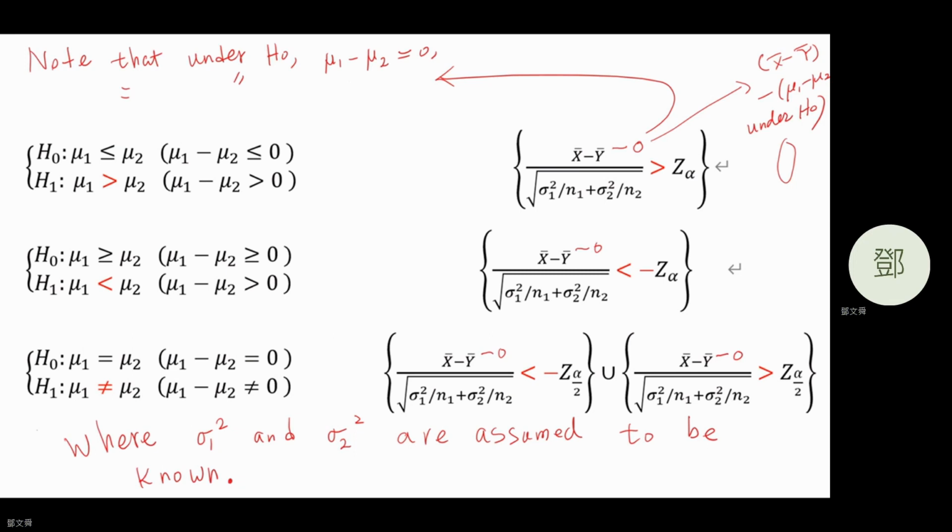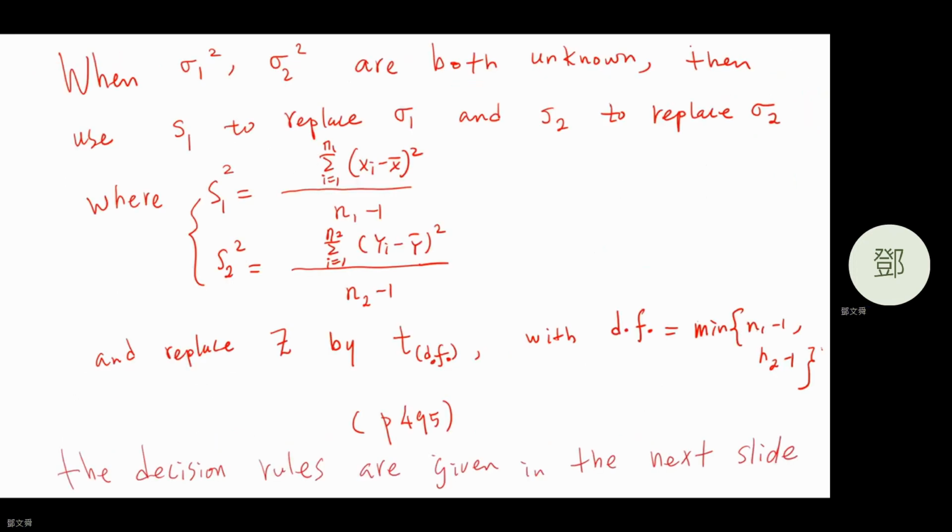Unknown. This and this are both unknown. So the decision rule is unrealistic in the real world. Okay. So what can we do when they are not available?